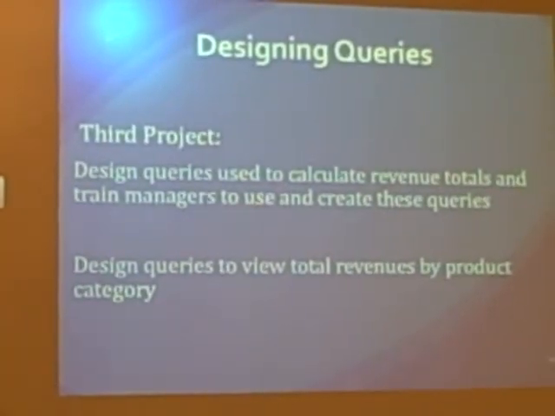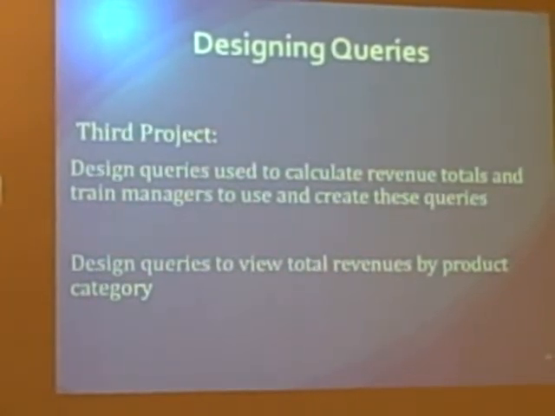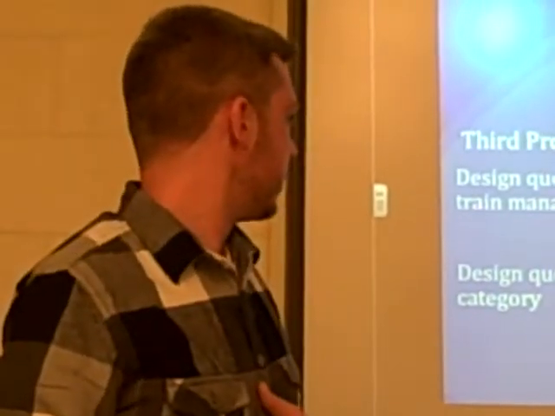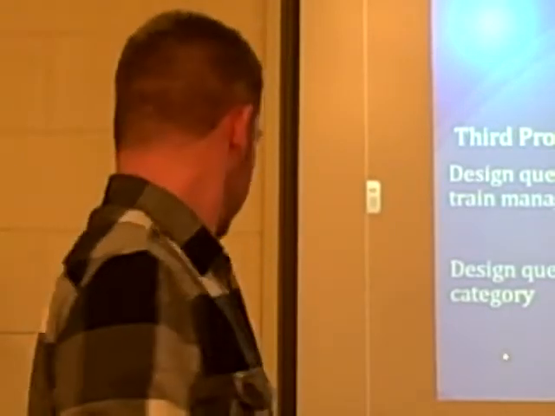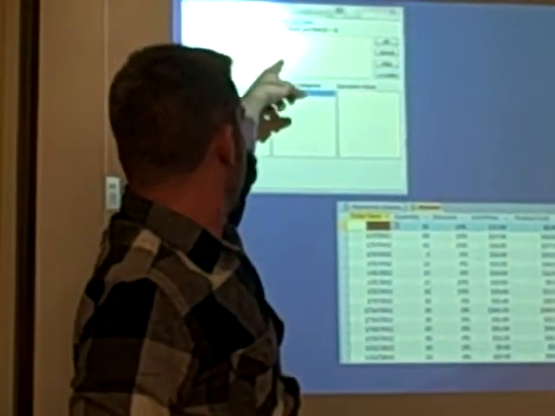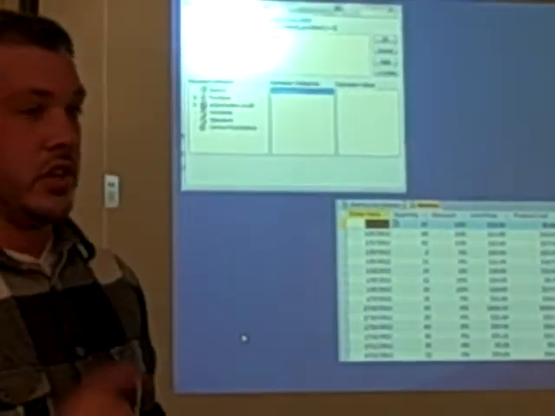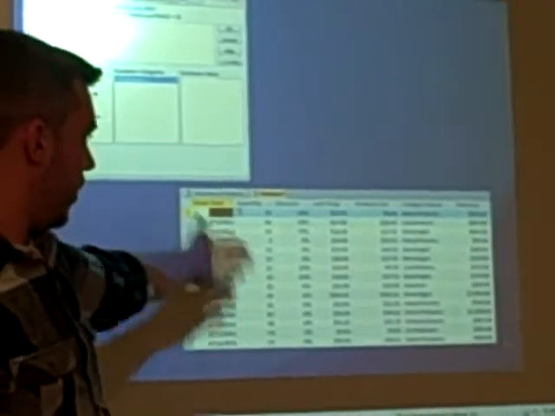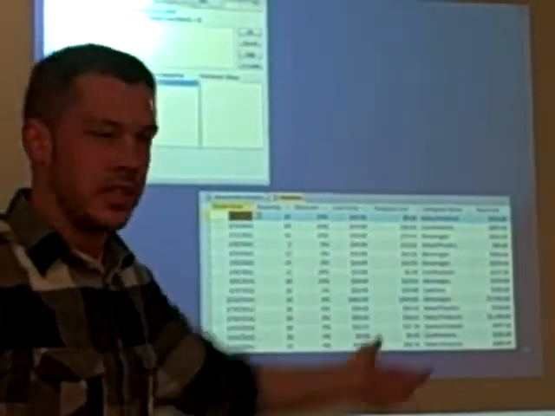Third project was designing queries to calculate discount and the average of the sales. You would type in that expression, and then you'd run the report, and all the prices would come out, the averages, the revenue.